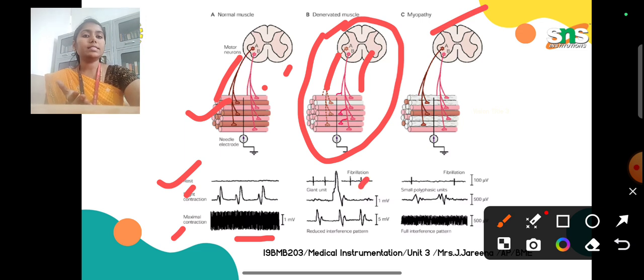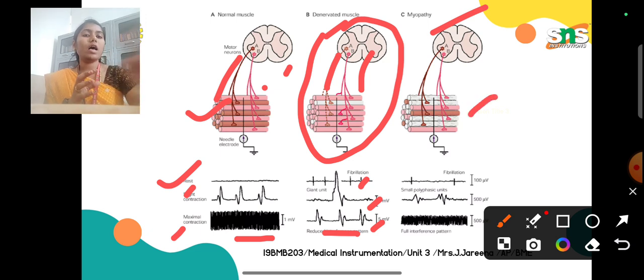So you can see the changes in the subsequent waveform in the three different conditions. At resting state you can have some disturbance, and in slight contraction you can see only one waveform in place of three waveforms in the normal state. Muscle contraction is also weak, because in normal muscle all the muscles work together by means of two innervating nerves, but here one nerve is damaged, you have only one nerve, so the muscle gets a very low response. As a result the contraction by the muscle is also affected. That is the reason you don't have much waveform at maximum contraction.